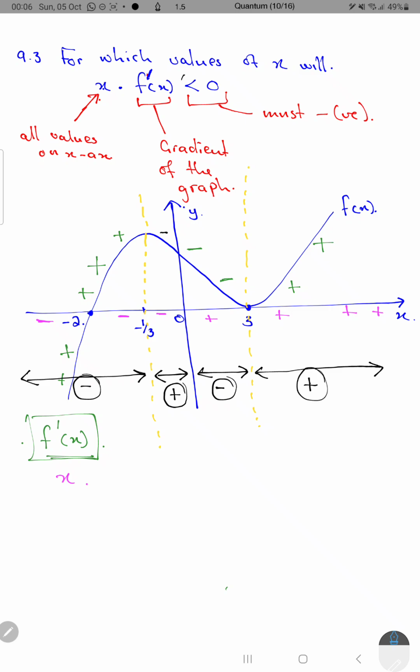Remember, we are looking for the negative. So we are looking for this section and this section. For the first section, it's in between: x is greater than 0 but x is less than 3. Remember, I'm not putting brackets.